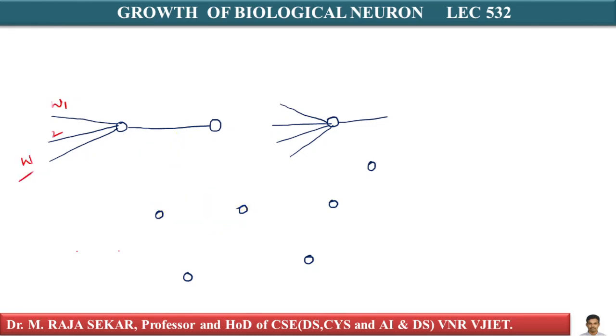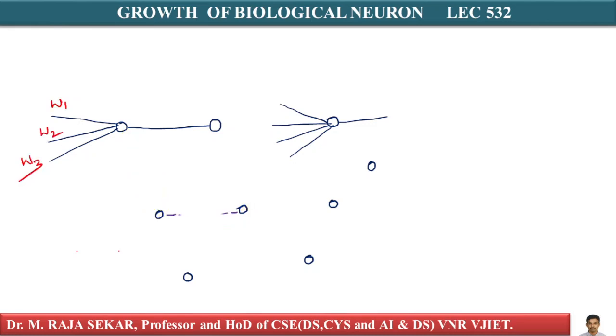If it has more weight, this one is a thickly connected edge or connection, isn't it? This edge is more densely connected. If you notice here, there are some connections which are very dense.